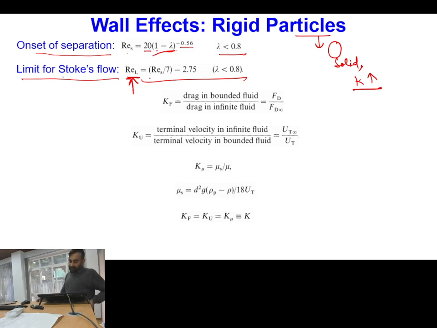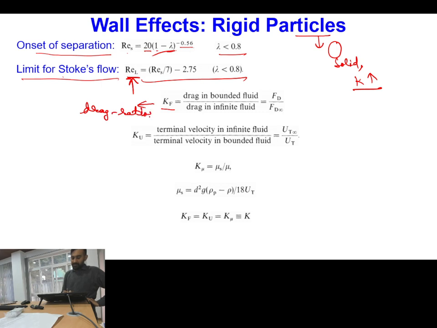And third, three important factors we will be defining over here, and with the help of these factors we can correlate the drag coefficient and terminal velocity correlations from those of the unconfined system. So first is called the drag ratio, K f.